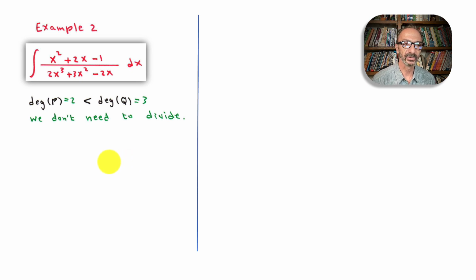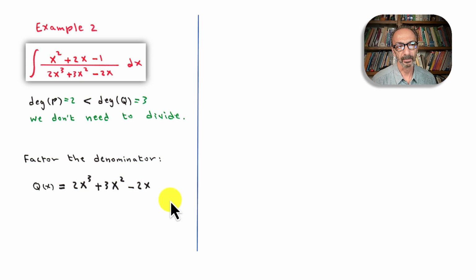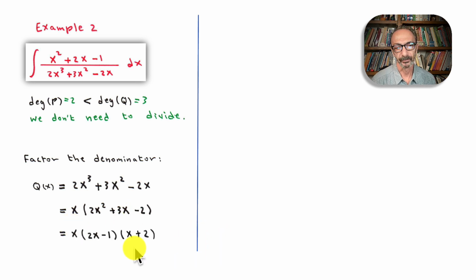Let's factor the denominator. To factor the denominator, q of x, which is 2x cubed plus 3x to the second minus 2x, we could pull 1x out to get started. Now we have 2x to the second plus 3x minus 2, which could be factored as follows.